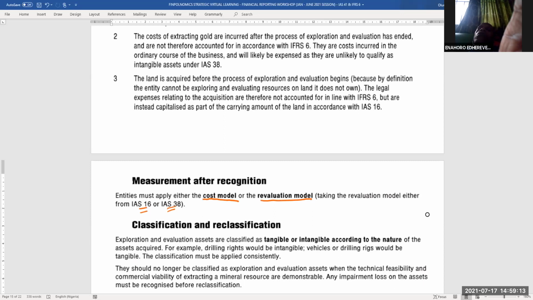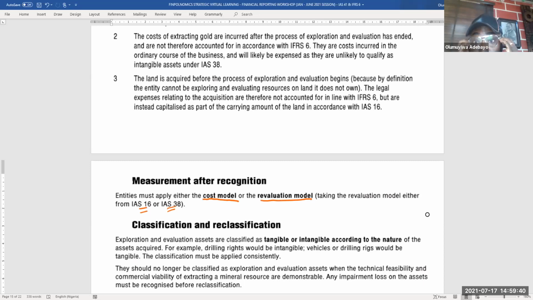They should no longer be classified as exploration and evaluation assets when the technical feasibility and commercial viability of extracting a mineral resource are demonstrable. Any impairment loss on the assets must be recognized before reclassification. Thank you very much.